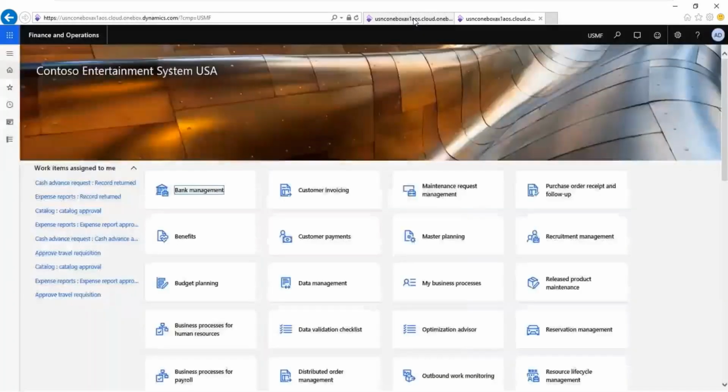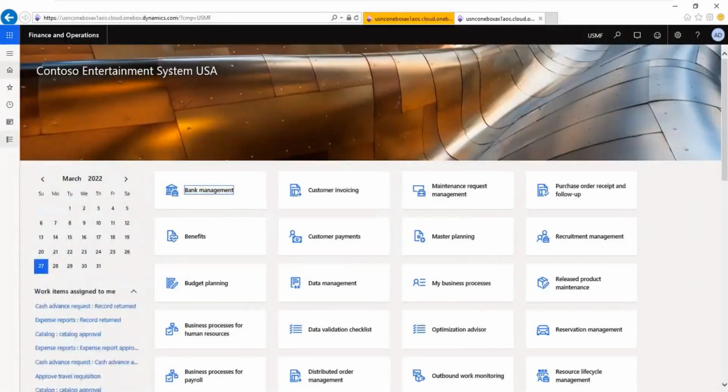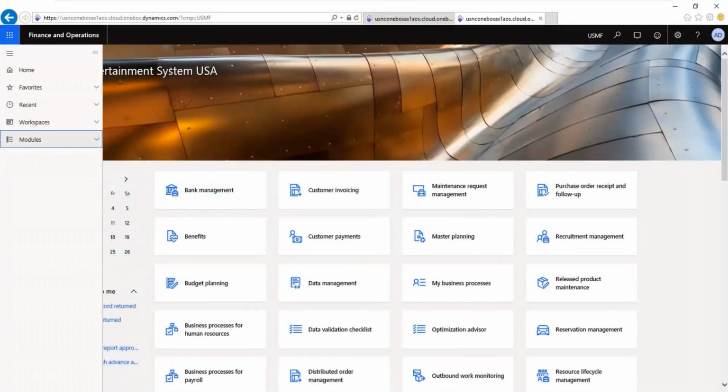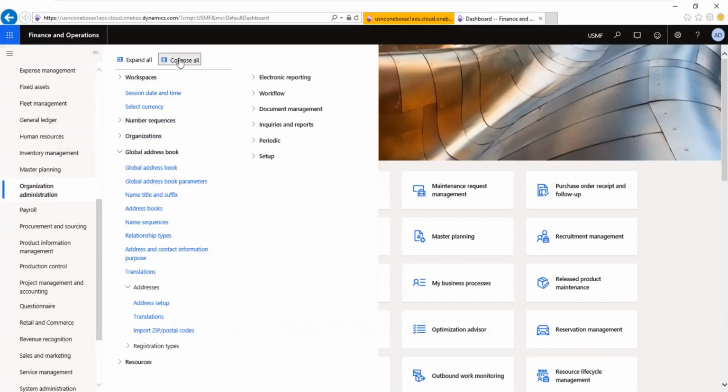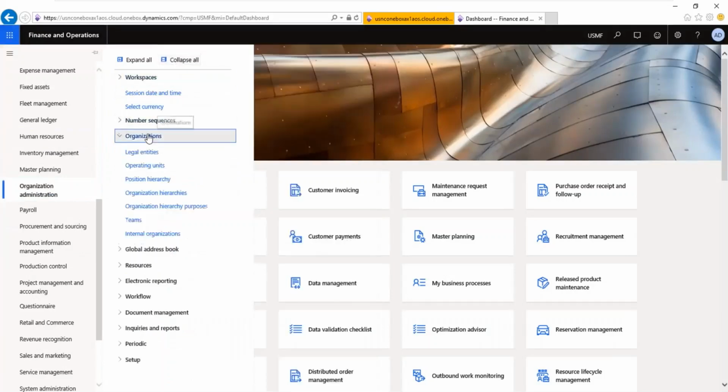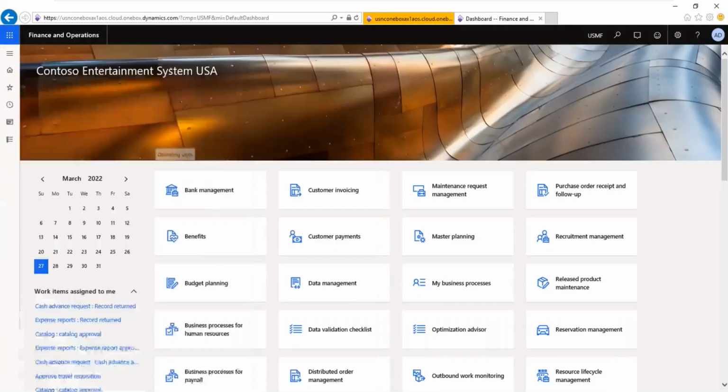Just give me a second. So here, organization administration, collapse all, organizations, operating units.